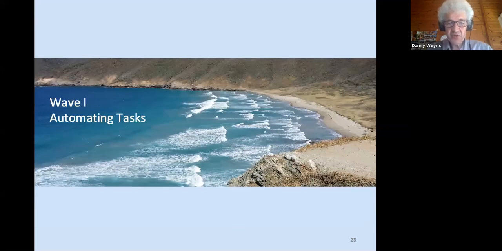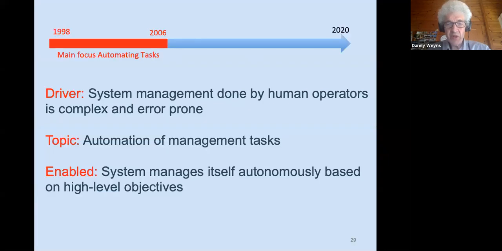Now the first wave is called automating tasks. I will usually use a first slide for each wave like this slide here. On the top, you see the timeline. This whole field basically took off around 1998. It was already going on years before, but you have to start somewhere.